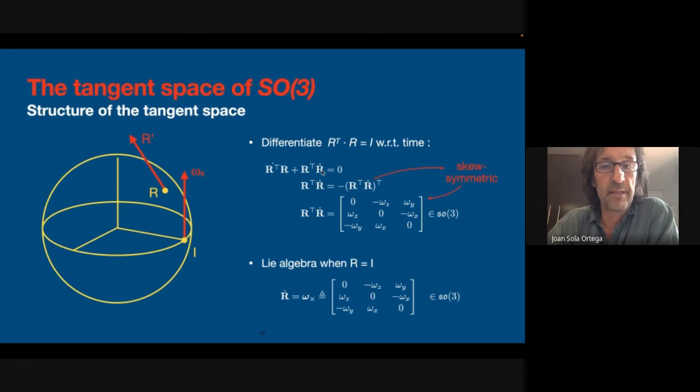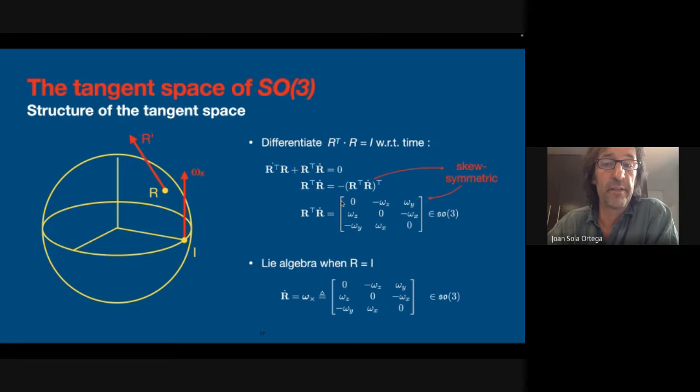We rearrange this and we get this thing. You see that what's inside the parentheses, Rᵀ Ṙ, is the same as here. So you need to find what elements satisfy the following property: these elements must be equal to minus their own transposes.